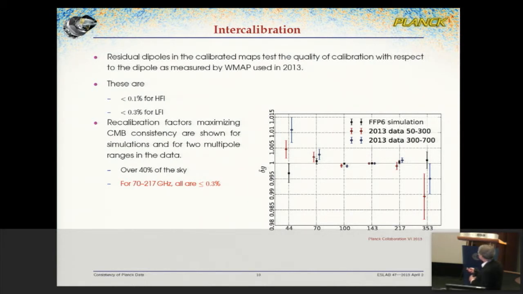They're all referenced to 143, so they're right there at 1. But this is 1.005, so 0.5%. And what you see is 100, 217, and 70 all have these recalibration factors less than 0.3%. That's real good too.